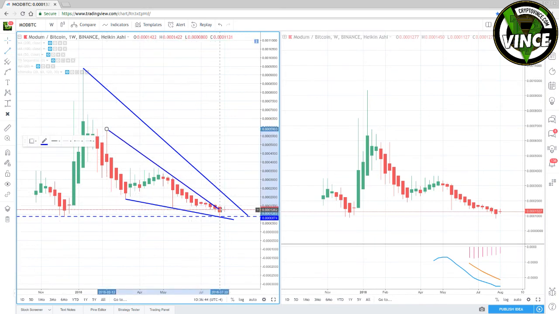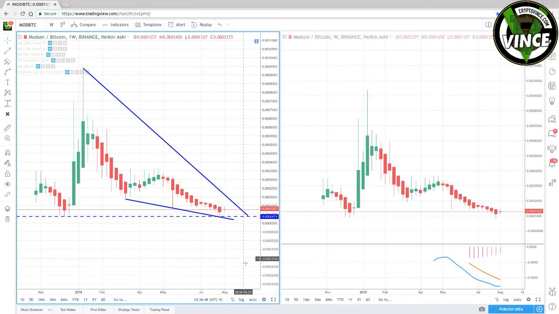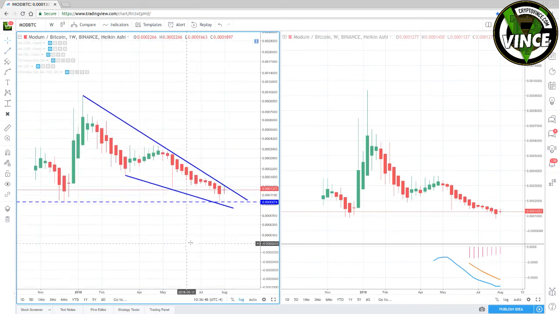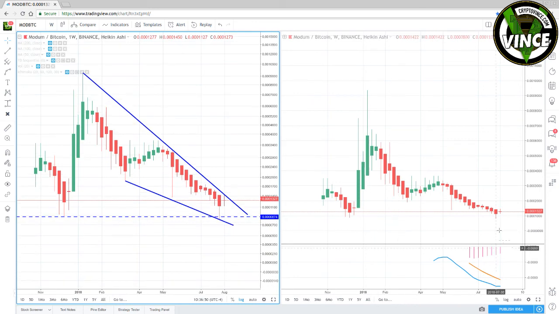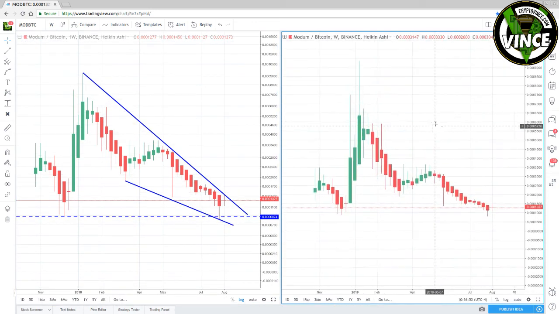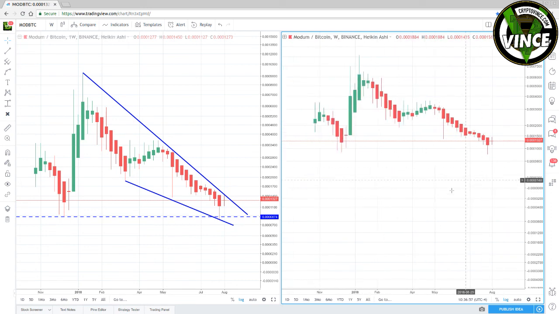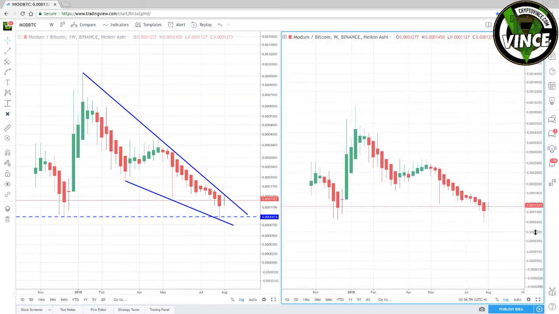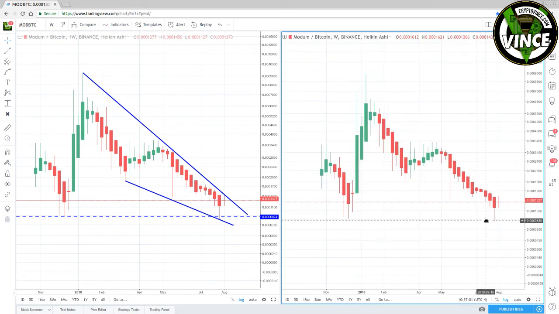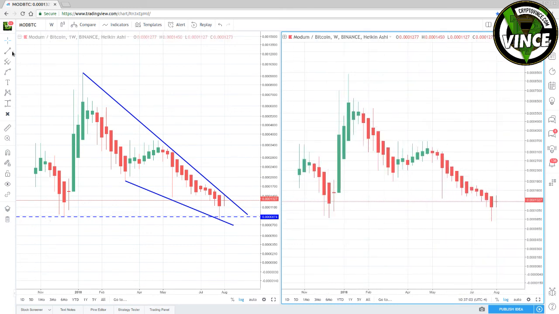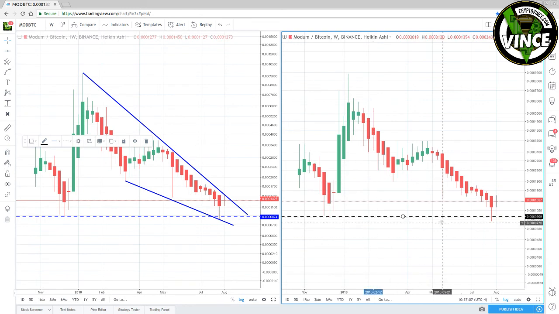If I want to trace this, no. So what I want to show you here, in this case, we have the same chart, logarithmic scale right there. I'm trying to make it similar to this, and I have my all-time low support there.